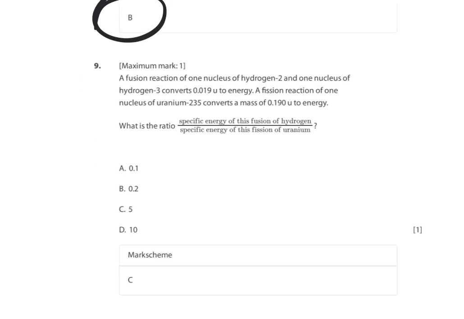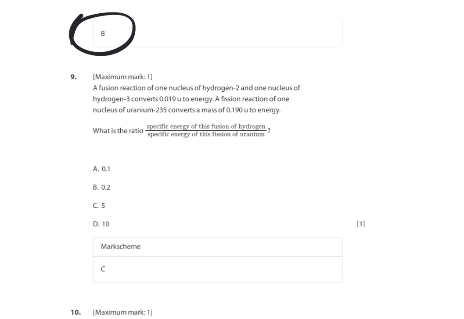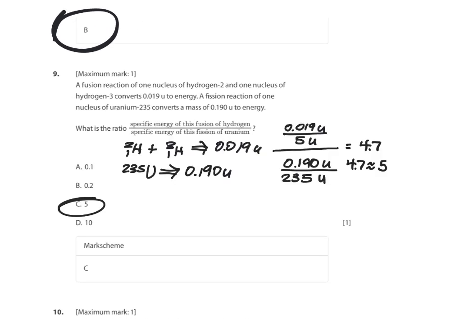Okay, 2 more. Number 9. We have deuterium and tritium giving 0.019 unified atomic mass units worth of energy in fusion. And they also make reference to uranium-235 in fission, giving 0.190 unified atomic mass units. What's the ratio of the specific energies?